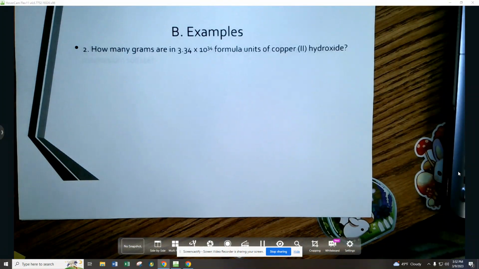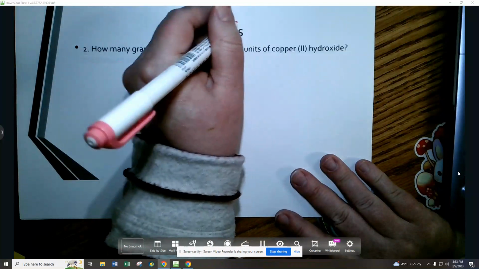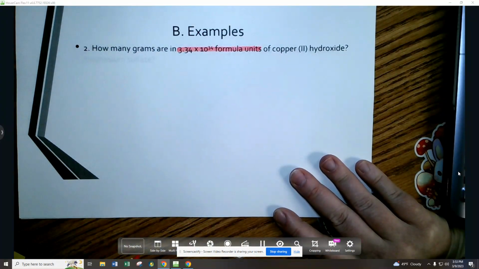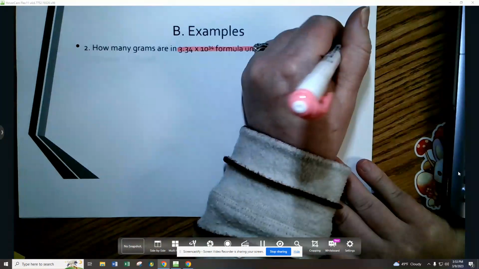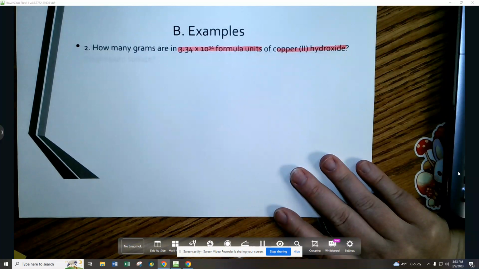Here it asks, how many grams are in 3.34 times 10 to the 34th formula units of copper(II) hydroxide? As we've done, establishing what I have. I have 3.34 times 10 to the 34th formula units, and also what it's of is the copper(II) hydroxide.